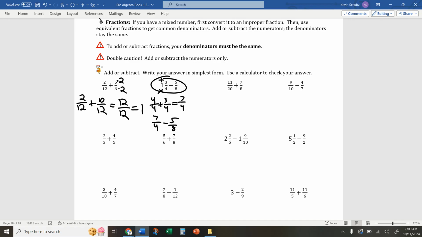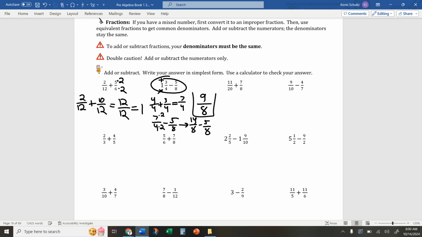So how do we turn that 4 into an 8? We're going to double the 7, double the 4, and that gives us 14/8 minus 5/8, which now we have the same thing. We have 14 of something. We're taking away 5 of that same something. And so 14 minus 5, 9.